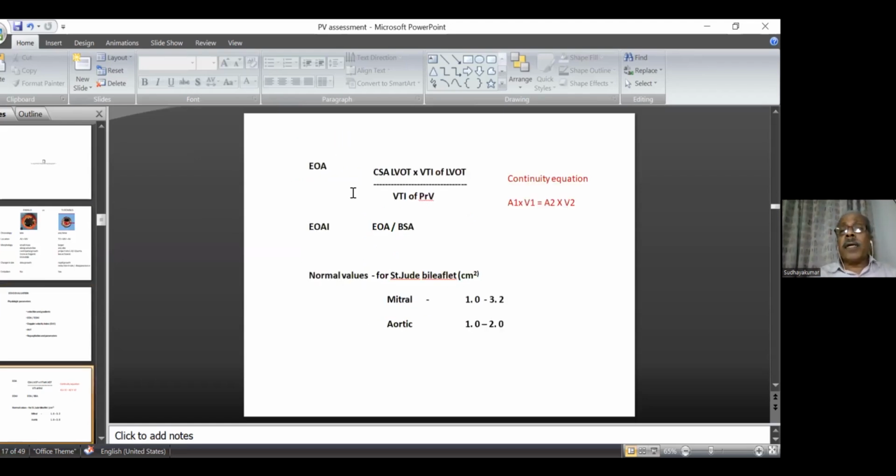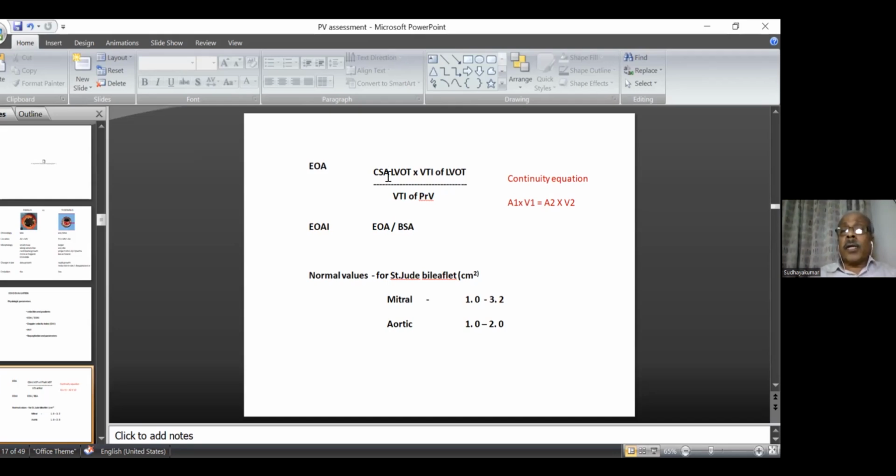Effective orifice area, all of us know this, but you are not employing it, so it may not be a familiar thing. The continuity equation has two sides: area times velocity is equal to area times velocity. If there is a continuous flow, this product will be the same. So if you have three of these things, you can measure the fourth. Here we are going to measure V2, that is the prosthetic valve, and take the LV outflow tract. In the LV outflow tract, the blood flows through without any hindrance.